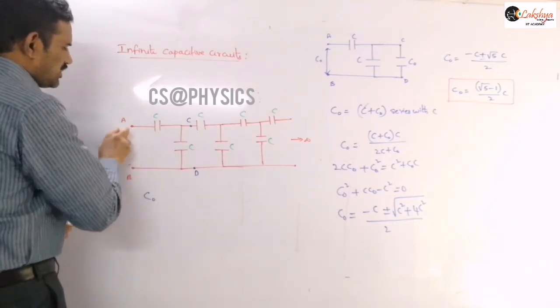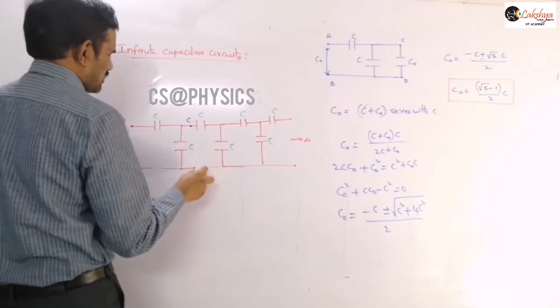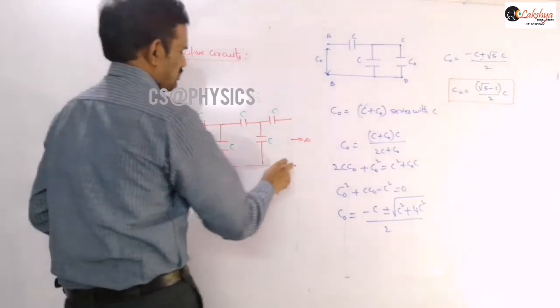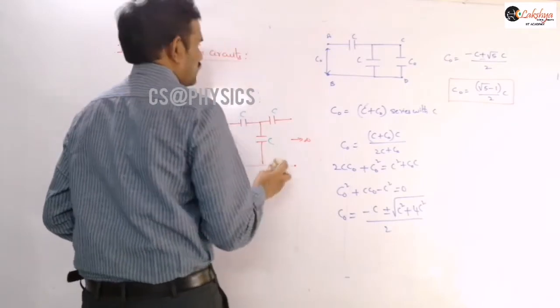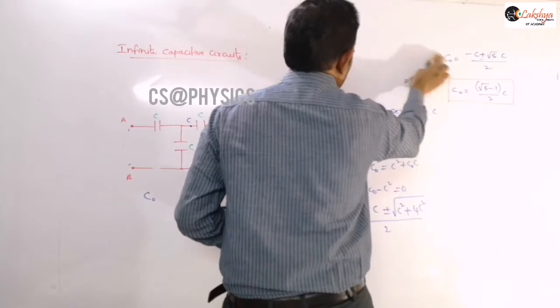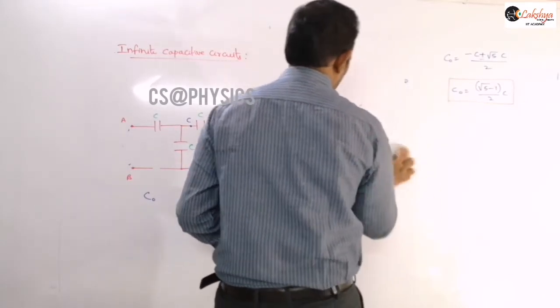And now I am taking another small change in this. I am taking one more capacitor here. Now you need to solve that problem. Just I am adding one more capacitor there.